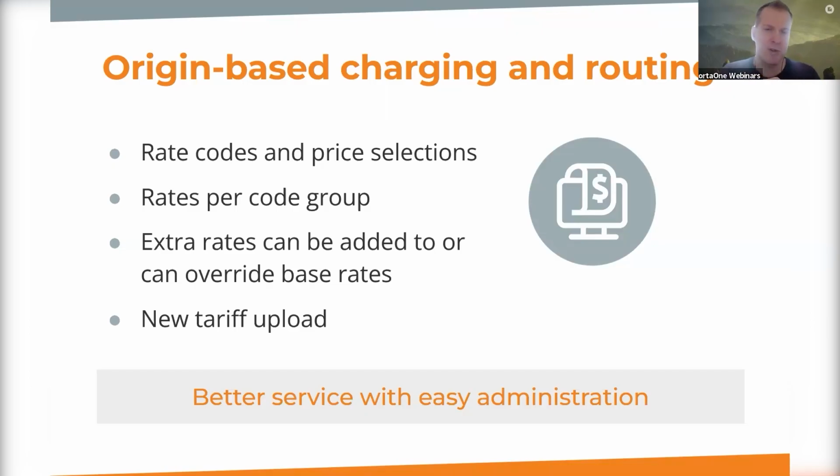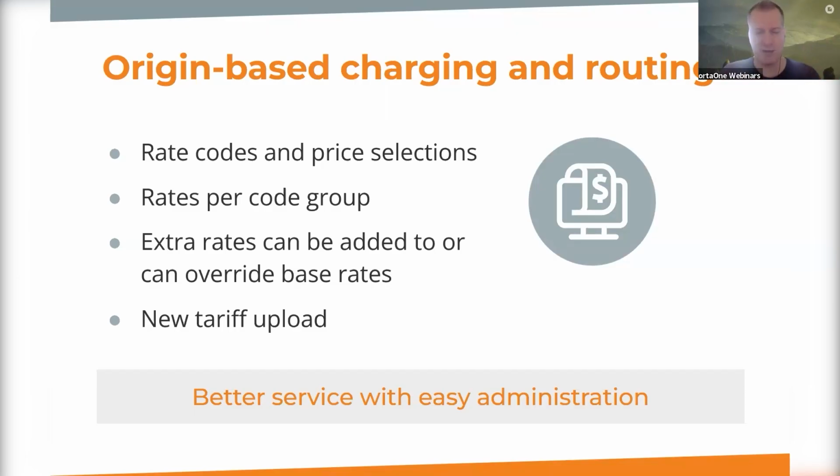The other thing which we introduced is a so-called price selection, and that's basically an explicit rule which tells the system that, hey, we have in this tariff multiple prices in a single rate, so this is how you should treat them. So for example, there is a price selection for American interstate, intrastate pricing. There is a price selection rule for EEA, non-EEA.